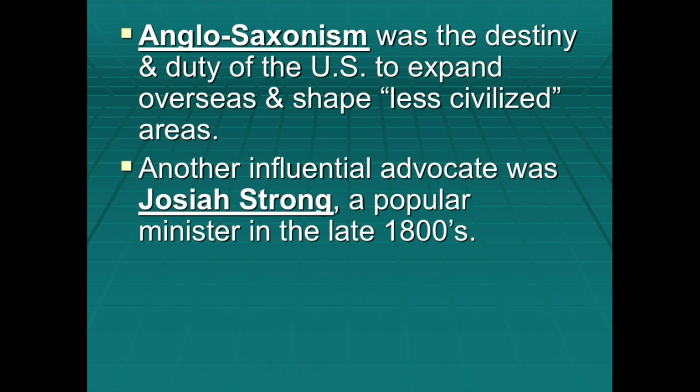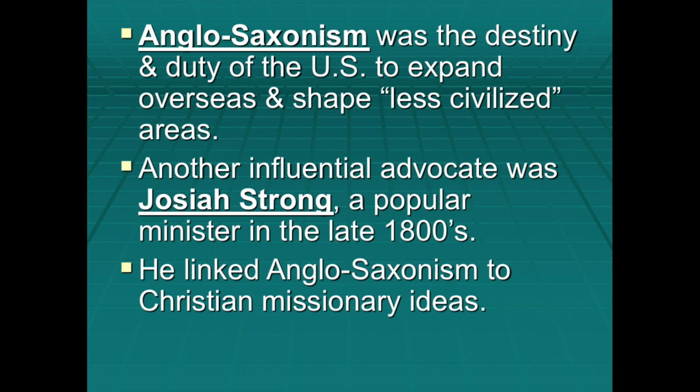Another influential advocate was Joshua Strong, who was a popular minister in the late 1800s. And this is where you have a lot of the Great Awakening type of movements of Protestantism.